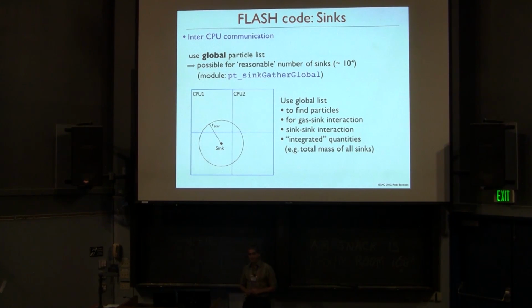This is a fairly robust quantity, which you can use, for instance, if you want to introduce a feedback model, because the entire mass in sink particles in your simulation box you could then convolve with, for instance, an IMF, so you know how many massive stars should be there, and so on.